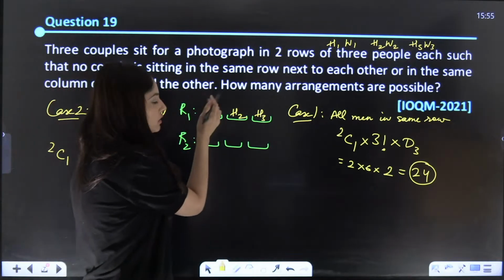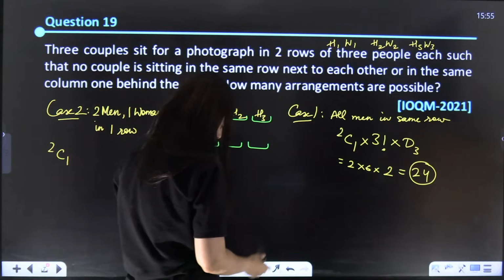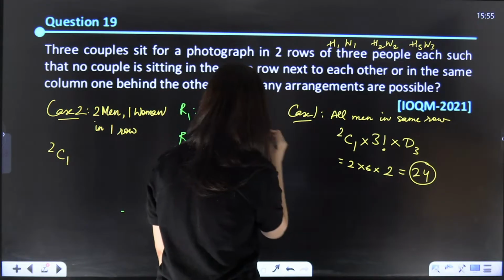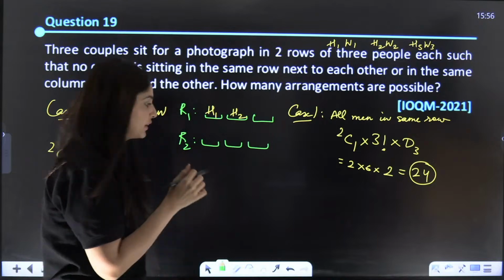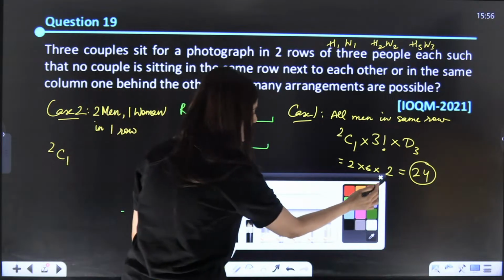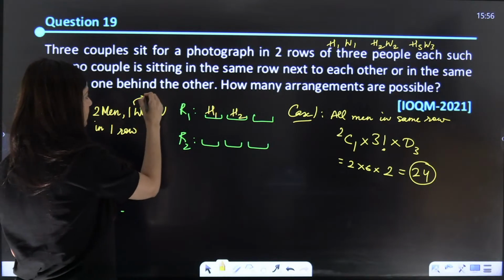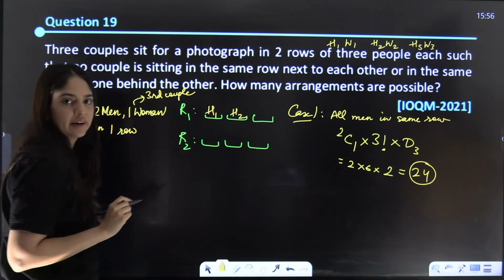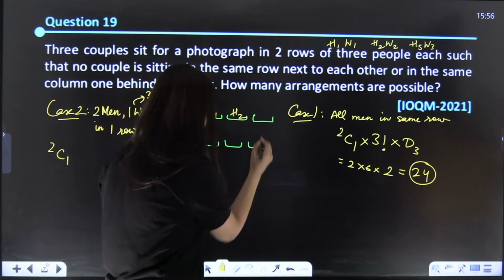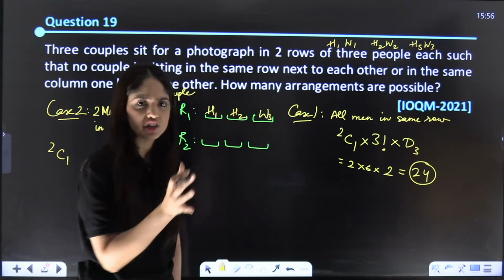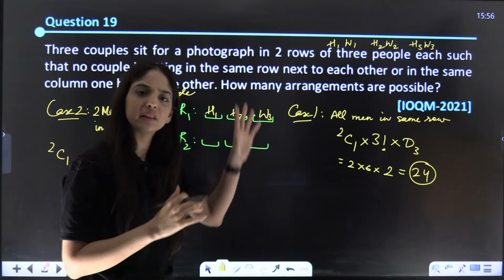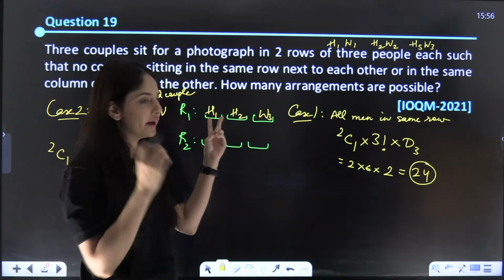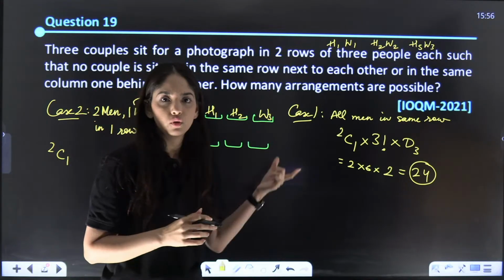Let's say it was the first row, and now we have to select which woman can be here. Let's say this woman is from the third couple. Right? So that means this is W3. We'll check if it's W1 or W2 in the other case. But for now, let's say there are 2 men and 1 woman in this row.